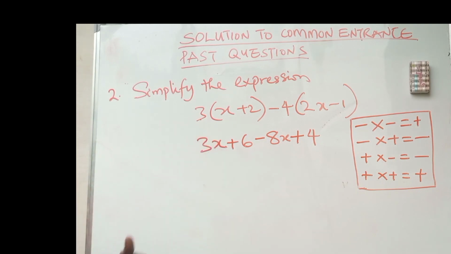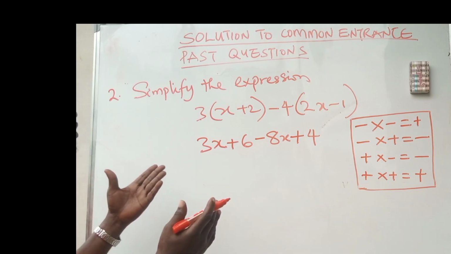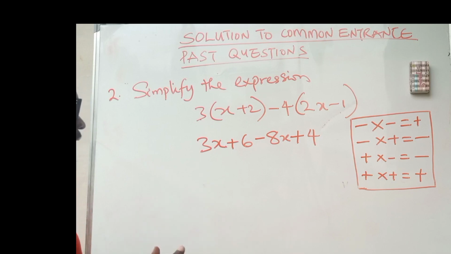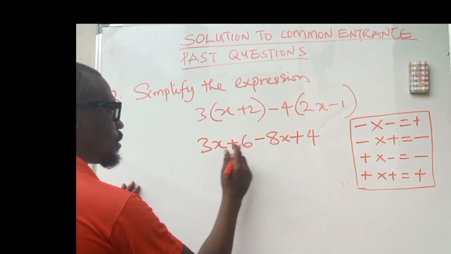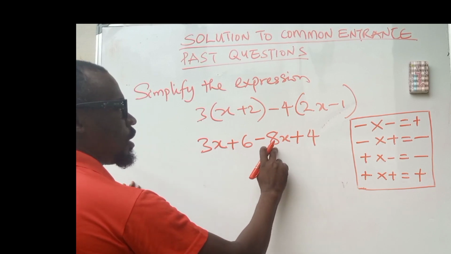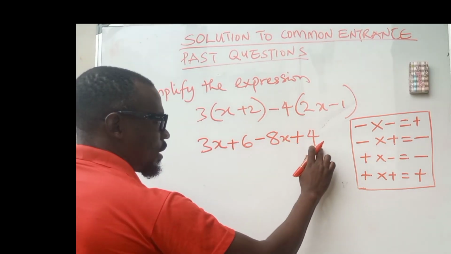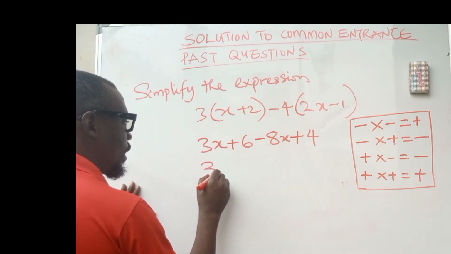Now, we are almost getting to the final answer. The next thing to do now is to collect like terms. As you can see, 3x looks like 8x, plus 6 looks like plus 4. So what are we going to do? We are going to collect like terms.